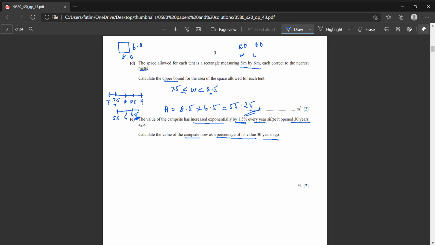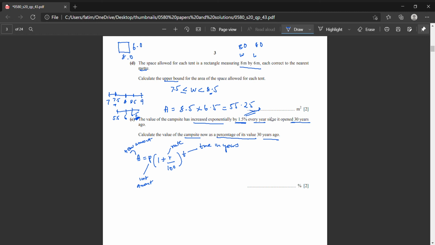So the formula for that is A is equal to P times (1 plus R upon 100) raised to T. So A over here is the new amount, P is the initial amount, R is the rate, and T is the time in years.